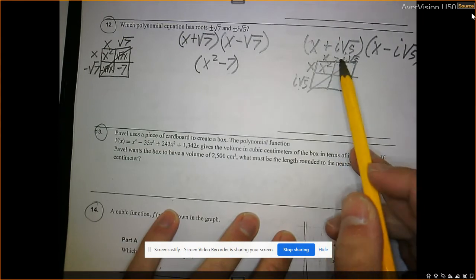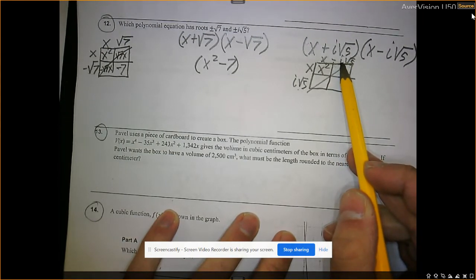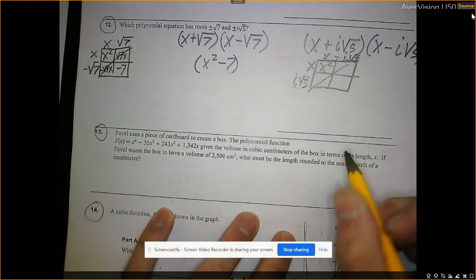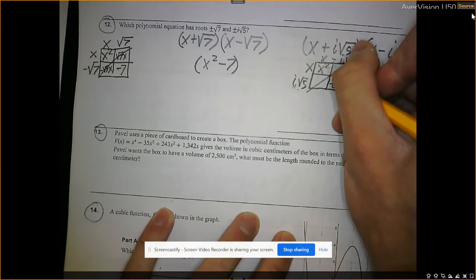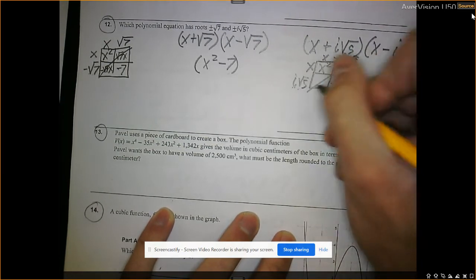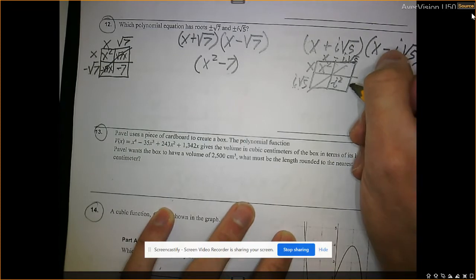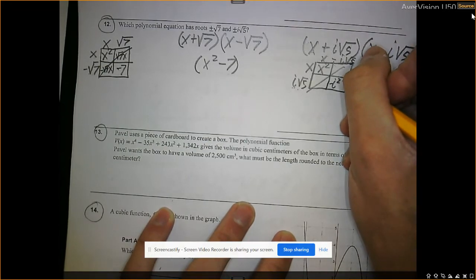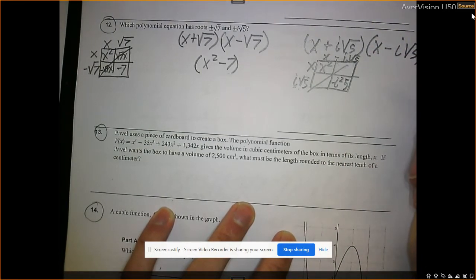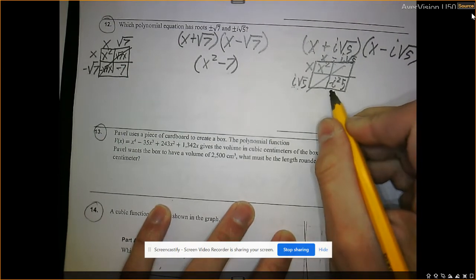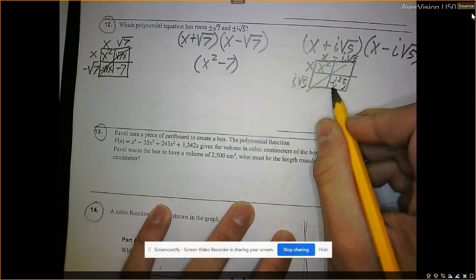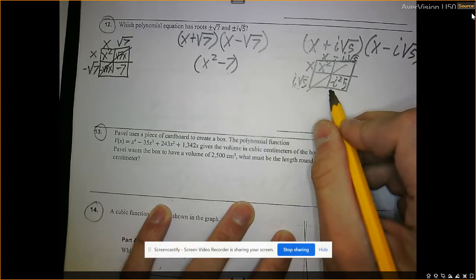Now down here, I get a negative i times a positive i. So that's a negative i squared. And root 5 times root 5, well, that's just going to cancel the roots. So that is 5. And now this is confusing because i squared is negative 1, but it's a negative i squared.